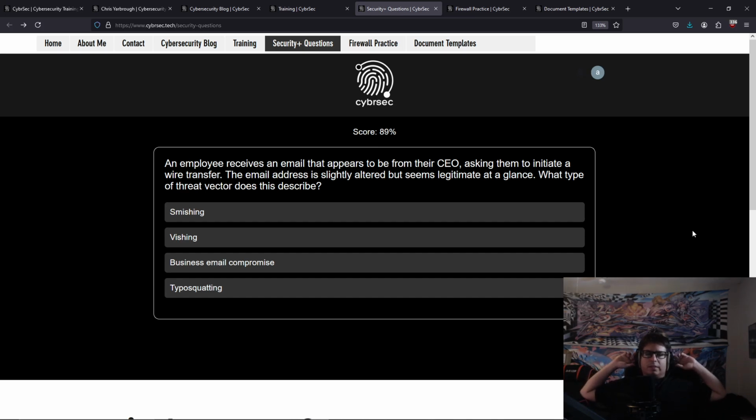An employee receives an email that appears to be from their CEO asking them to initiate a wire transfer. The email address is slightly altered but seems legitimate at a glance. What type of threat vector does this describe?